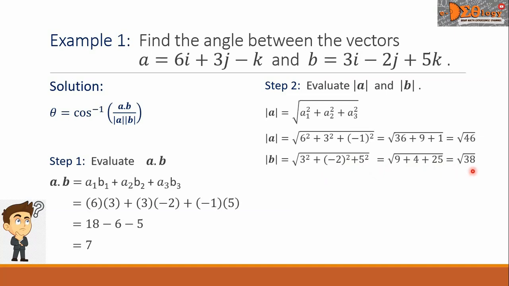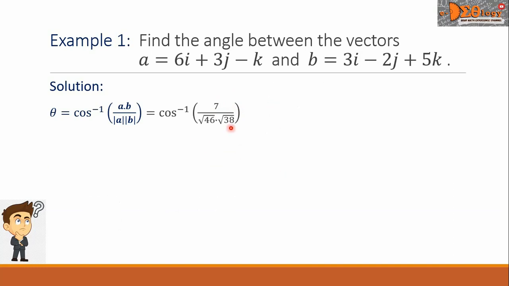Now we have the values of A dot B and the length of A and B respectively. Let us substitute these values in the formula. So this is now equal to the inverse cosine of the numerator 7, all over the denominator, the product of square root of 46 and square root of 38.